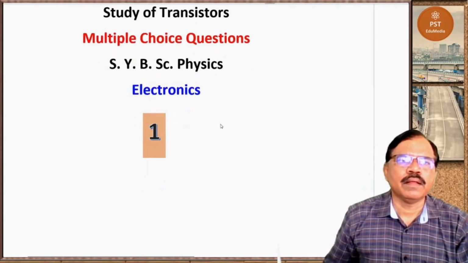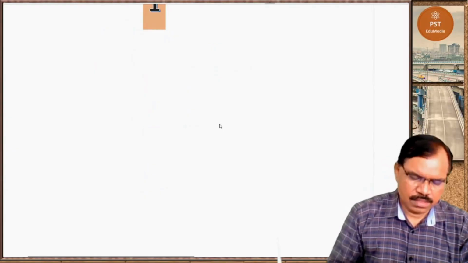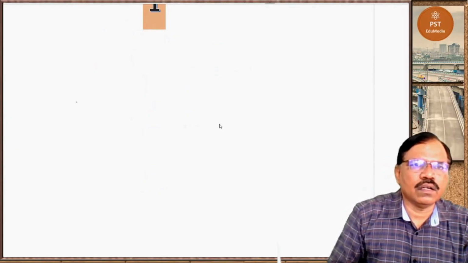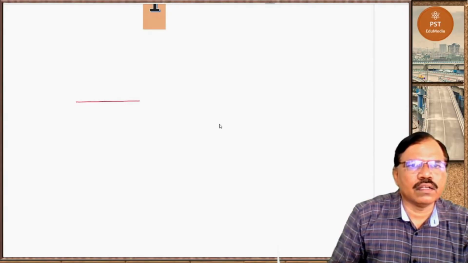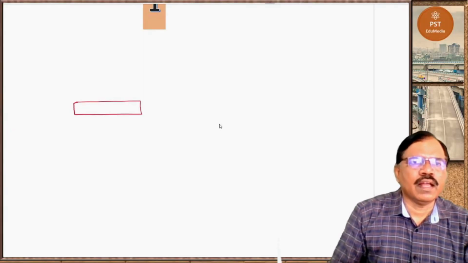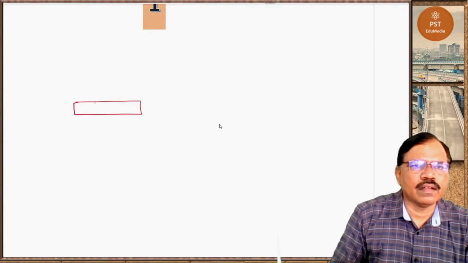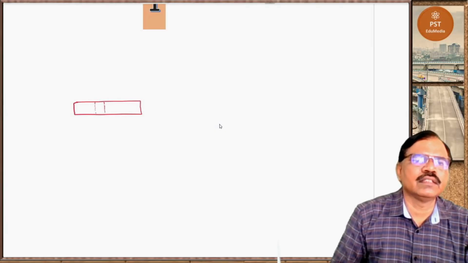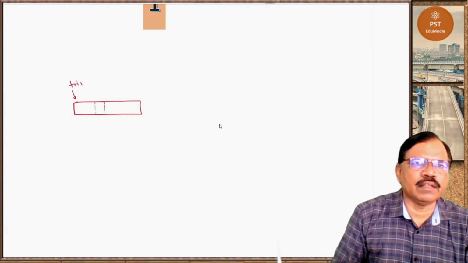Now in a transistor, this is a semiconductor chip, and this semiconductor chip is doped. Here it is doped with trivalent impurity.